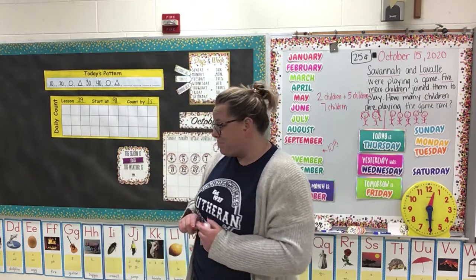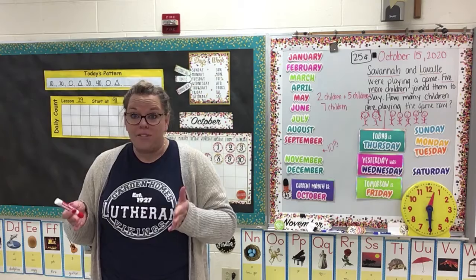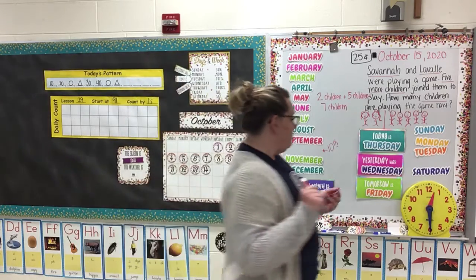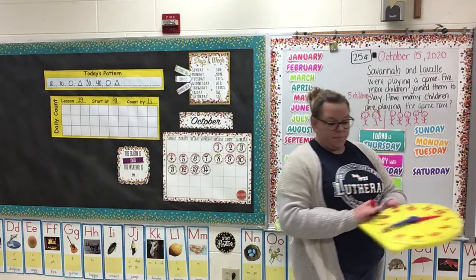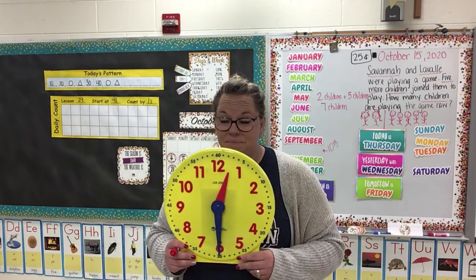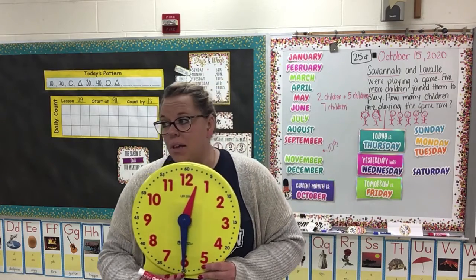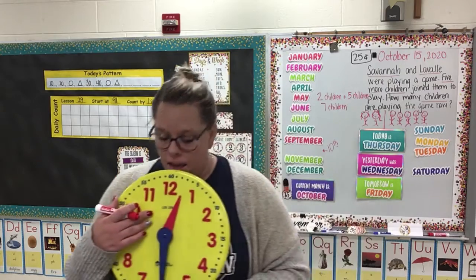All right. I want you to make sure that you have your math sheet, because we need it. We need to look at the clock. What time does my clock say? Remember that when my minute hand is down at the 6, that means half past. Okay, so half past, and my hour hand is between the 12 and the 1.